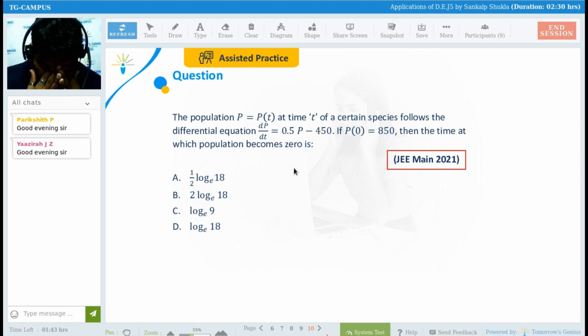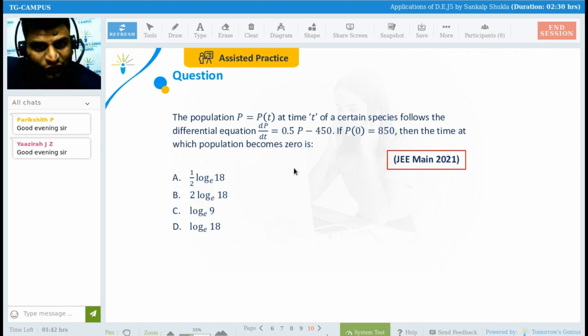Okay, I'll tell you some very important key points to remember while solving such questions. You have to be very careful about picking or choosing variables. Or if the question itself is providing you the equation, then you have to be very particular with the variables. dP by dt is there, so P is there and T is there.